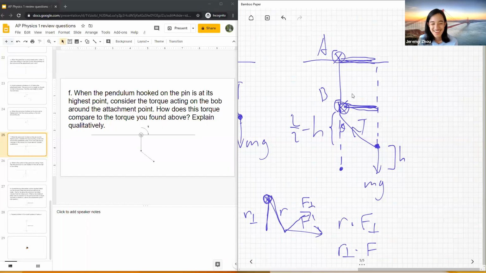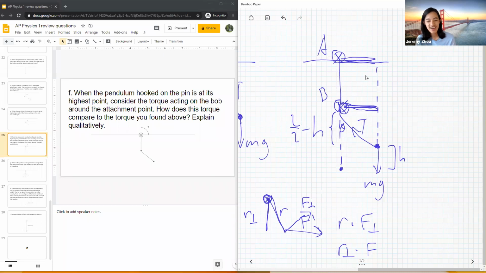We've already determined that the torque due to gravity is the same, but what if the torque was the same? Someone has raised their hand. Okay, actually ignore what I just said.